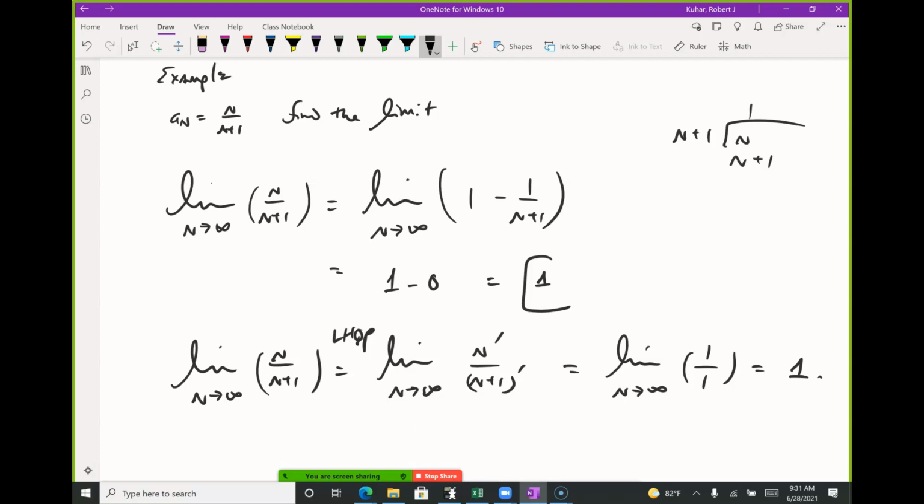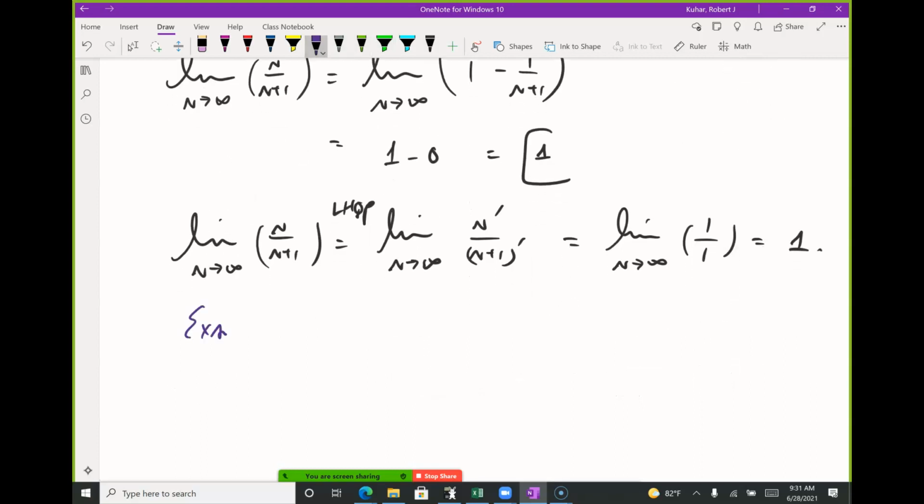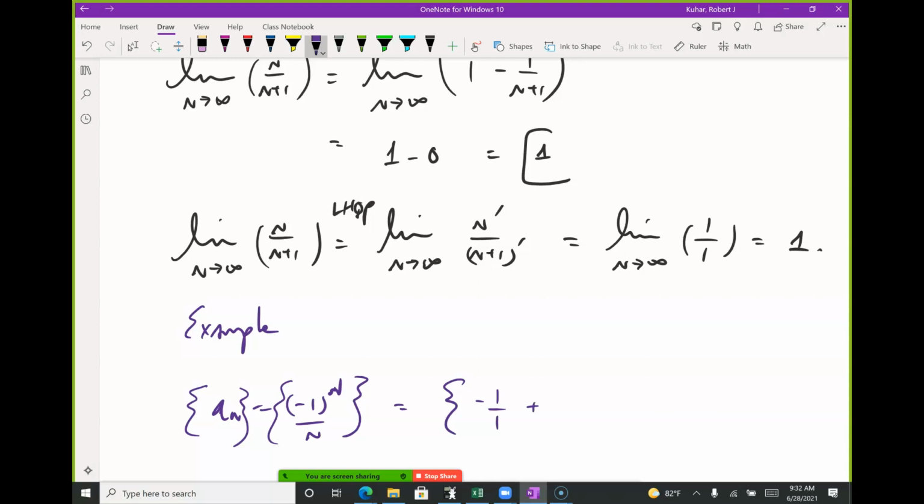An interesting one is if a sub n is minus 1 to the n over n. I can start writing it out, right? And so what do I see here? When n is odd, I'm going to get a negative, so minus 1 over 1, plus 1 over 2, minus 1 over 3, right?